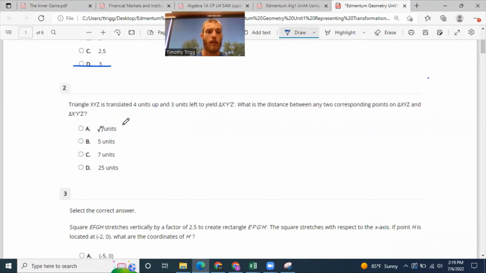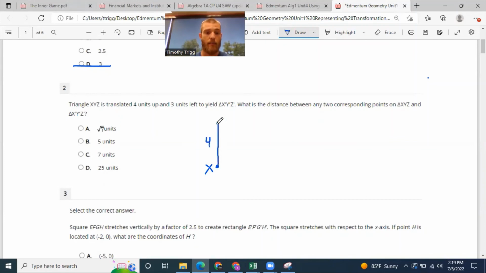Okay, triangle XYZ is translated 4 units up and 3 units left to yield triangle X prime, Y prime, Z prime. What is the distance between any 2 corresponding points, XYZ and X prime, Y prime, Z prime? Okay, this one's kind of a tricky one, but basically, let's say this is X and it shifted up 4 units, so upwards 4 units.